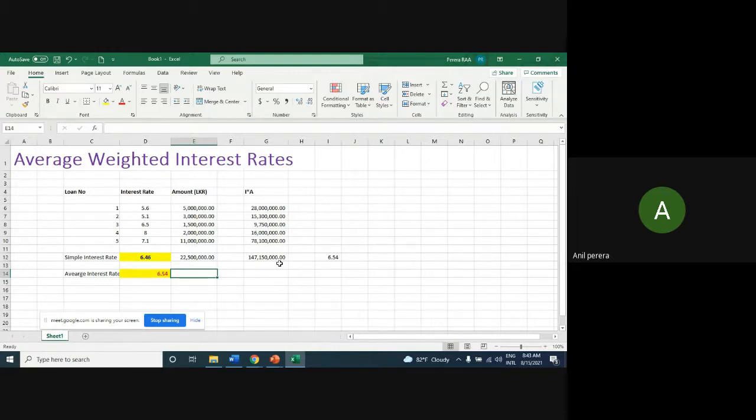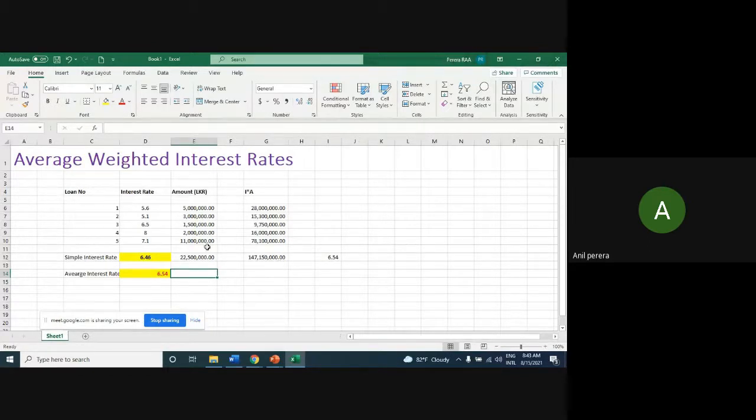I told you, if you have more value in the transactions, it should be reflected. Here, if you look at the individual interest rates, there are large volumes at higher interest rates. At 7.1, 11 million has been traded in the market. So as interest rates go up and the volume goes up, it is reflected in the interest rate.